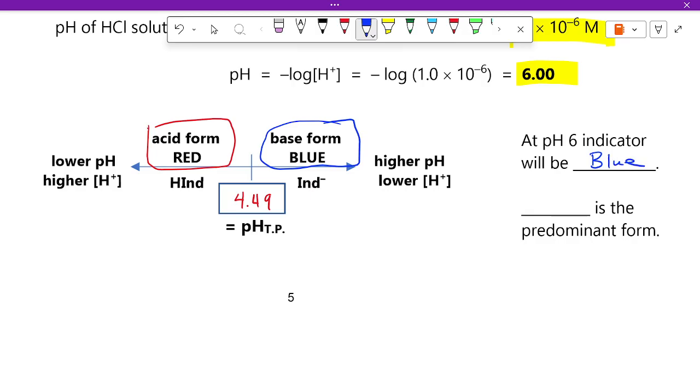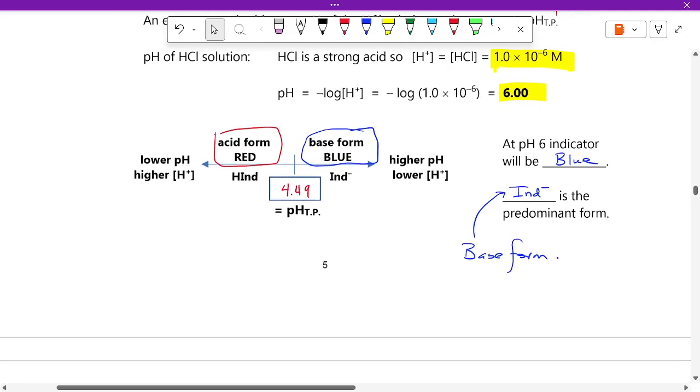And the predominant form of the indicator is IND minus, the base form. Cool. Are we liking this so far? Not too bad, right?